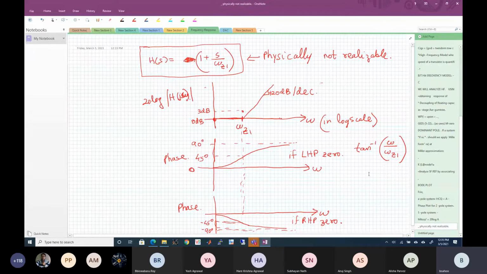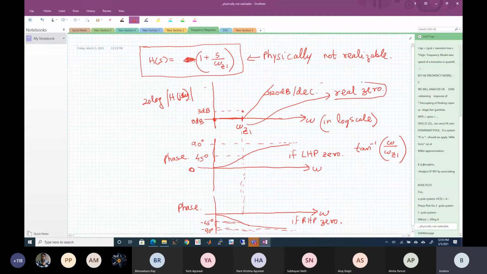If omega z1 is real, this is a real zero, not a complex conjugate, complex zero or an imaginary zero. When I have a real zero, my zero can be on the left side. This is the S plane, j omega axis, and this is the sigma axis. My zero can be on the left half plane or on the right half plane along the real axis.